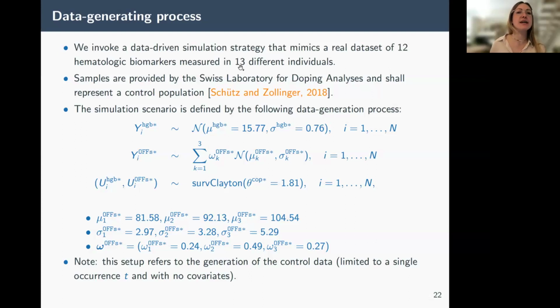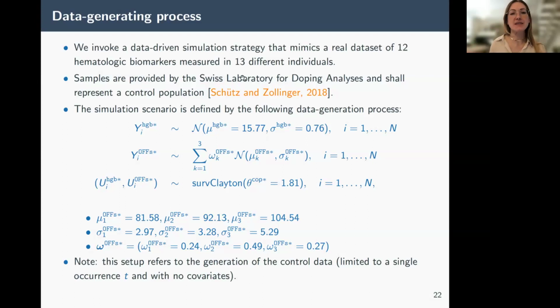You can find this data in an R package called ABPS. It contains a set of 12 hematological biomarkers measured on 3 different individuals. It is quite a small sample, so we decided to use a kind of bootstrap approach to enlarge this sample.